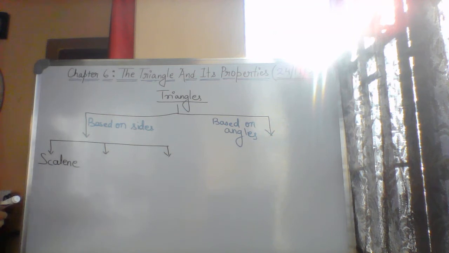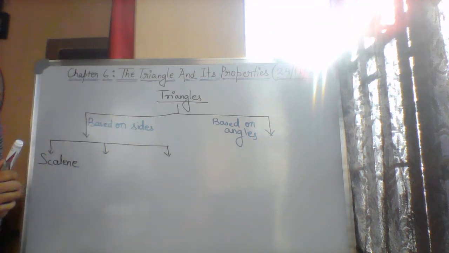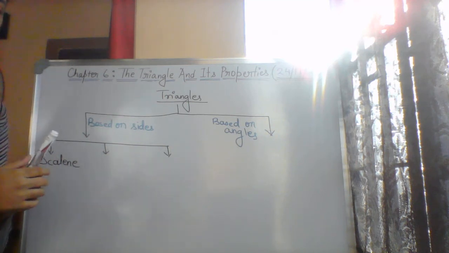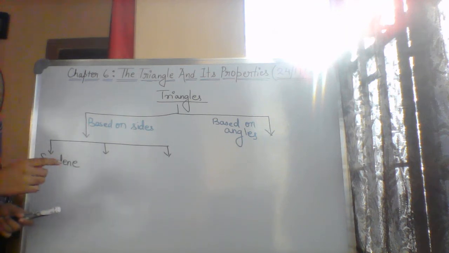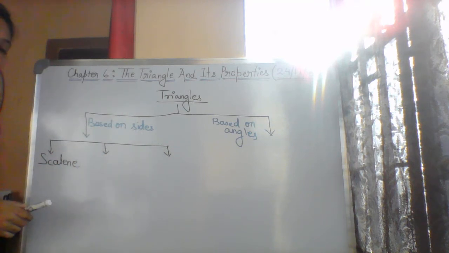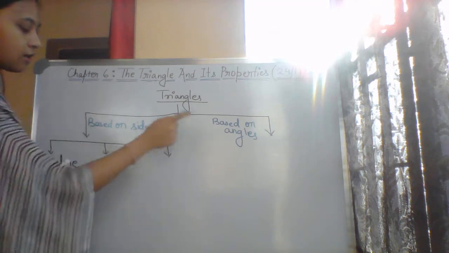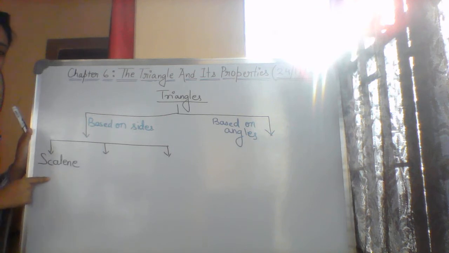Next, if I keep two sides equal in measurement and the third side is of different value, you know the names, but you don't know the classification based on which it has been classified. So based on side, if all sides are different, scalene triangle.